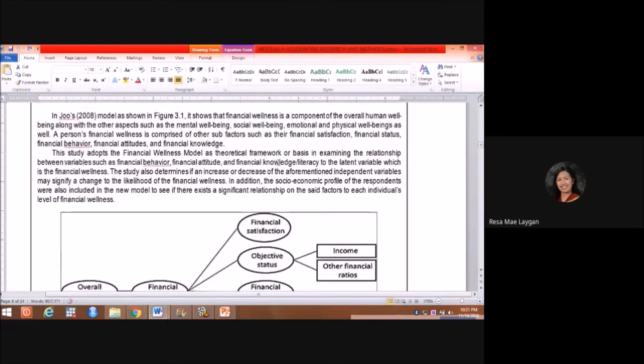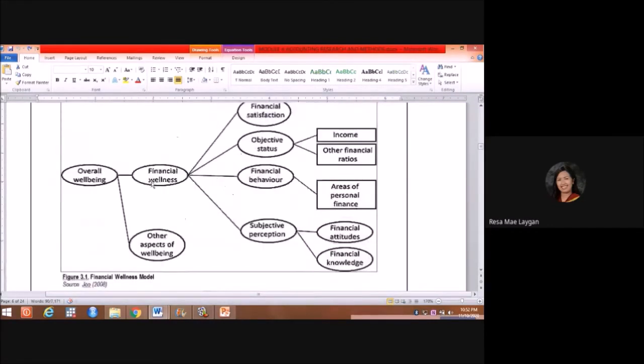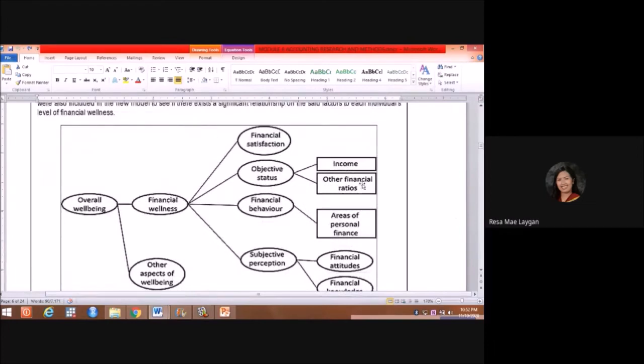It shows that financial wellness is a component of overall human well-being, along with other aspects such as mental health well-being, social well-being, and emotional and physical well-being as well. A person's financial wellness is comprised of other sub-factors, which include financial satisfaction, status, financial behavior, attitudes, and knowledge.